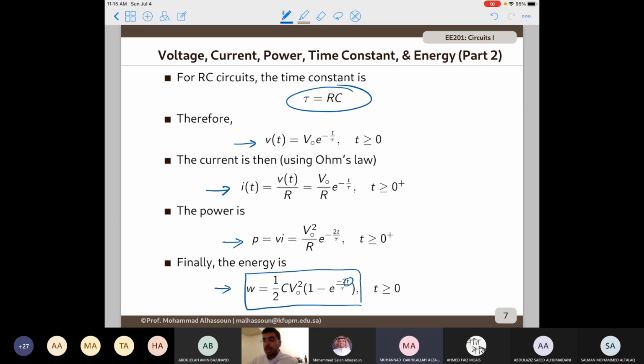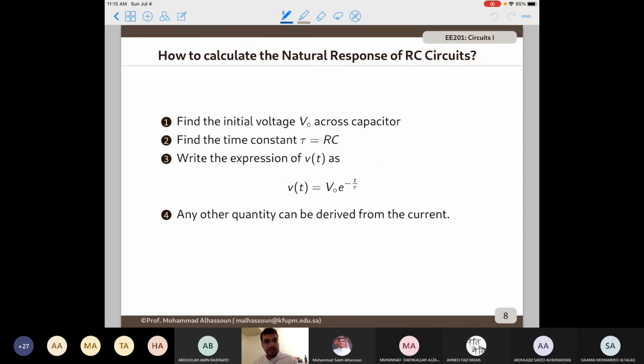Exactly, and let me outline the steps of calculating the natural response of an RC circuit. So the first thing, like you said, Mohammed, is to find the initial voltage V0. Then we can find the time constant. Remember, this is the time constant after moving the switch, or closing the switch, or opening the switch.